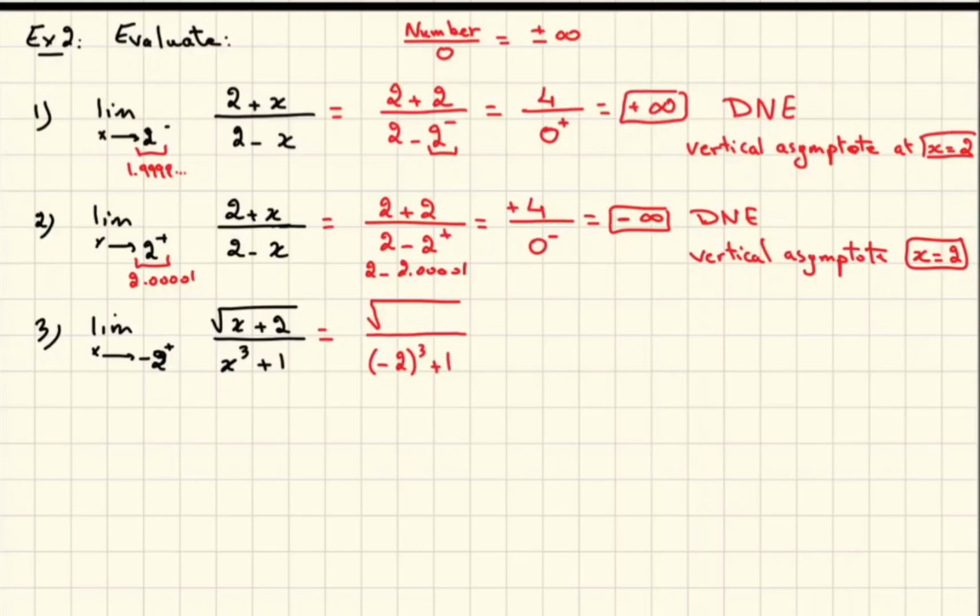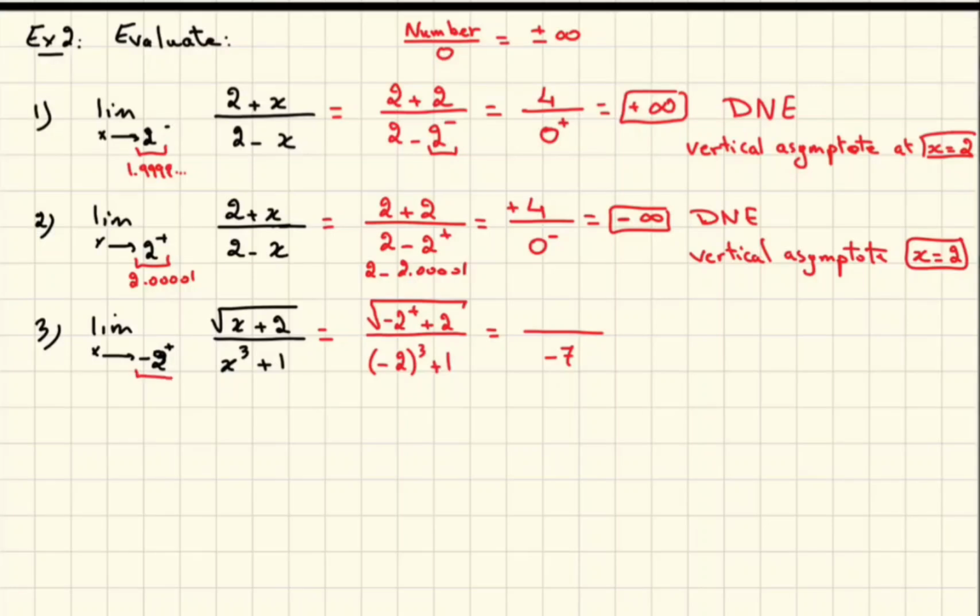However, in the numerator or denominator, where you replace the number and you get an answer that is 0, you need to know if it's 0 plus or 0 minus. Now I will write minus 2 plus, 2 on top. For the denominator, we're gonna get minus 8 plus 1, which is only negative 7.